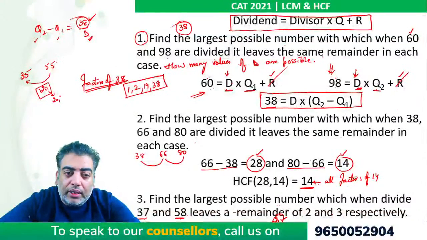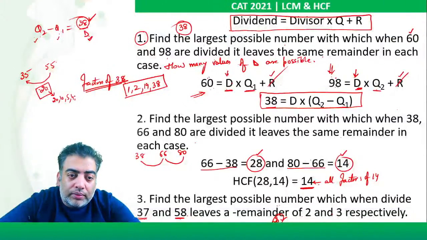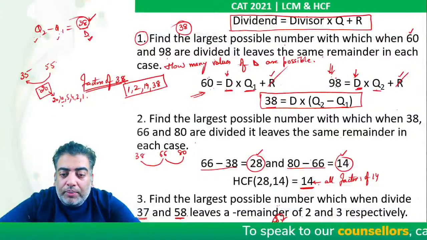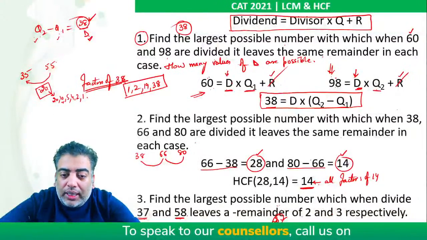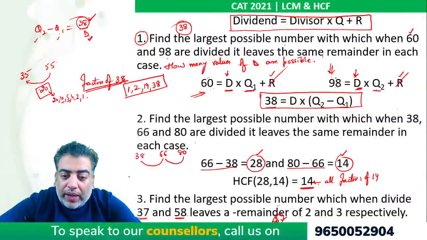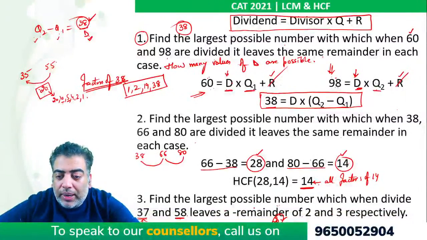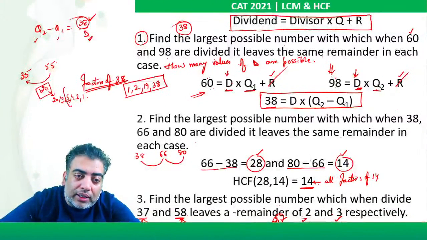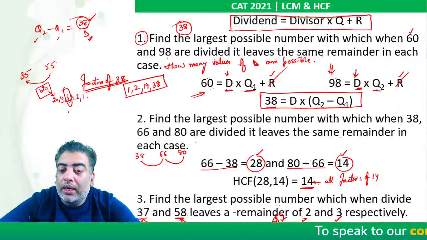So 20, 10, 5, 4, 2 and 1. Now I need to check by 10. Again 10 is not satisfying. Then you will check by 5. So when 5 divides 37, the remainder is 2. When 5 divides 58, the remainder is 3. So in this case the largest possible value comes out to be 5.